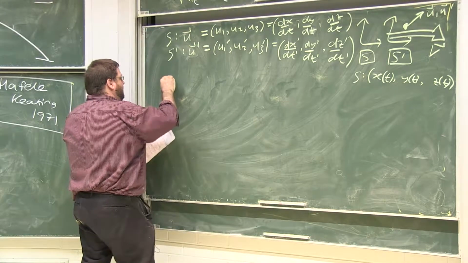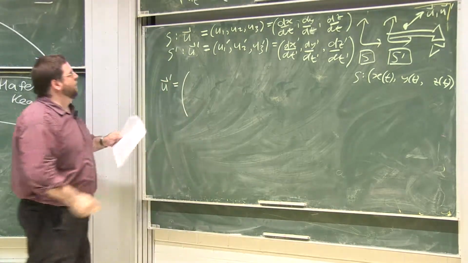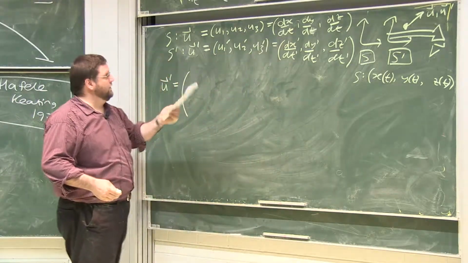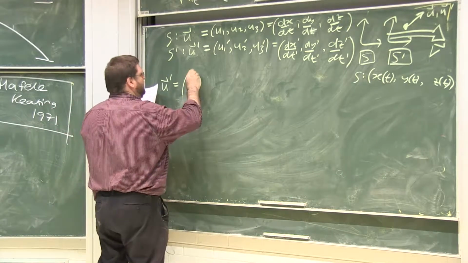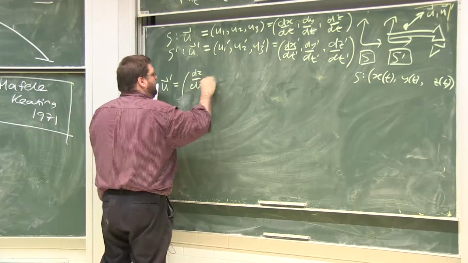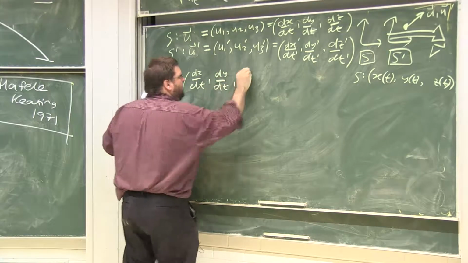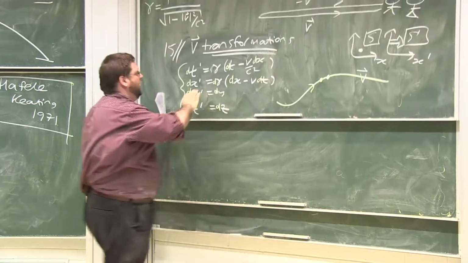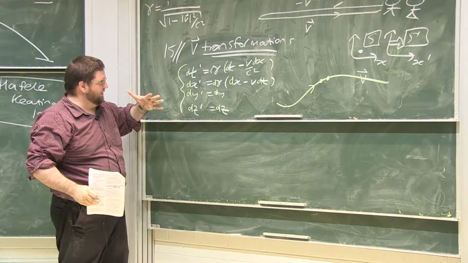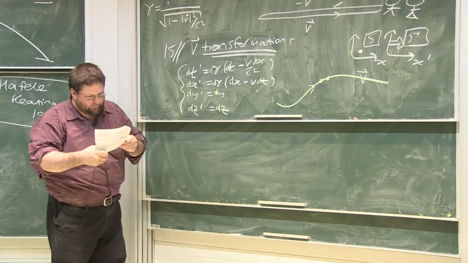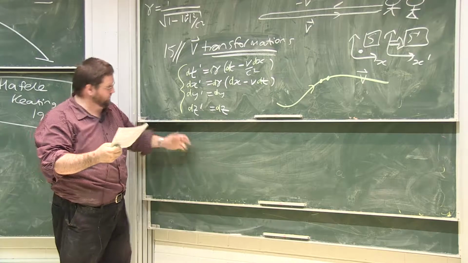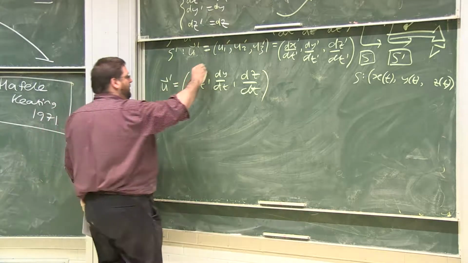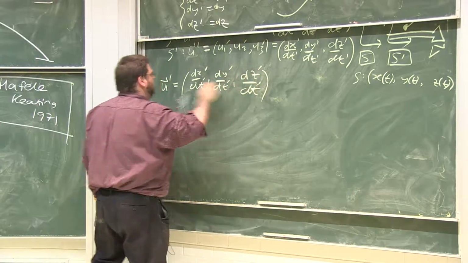So I want to write down U prime, U1, U2, U3, dx/dt, dy/dt, dz/dt. So I now want to use these instead of dx, dy, dz, dt. I want to make use of these quantities here. I've done one thing wrong, which is I need primes here, because I've chosen U prime.